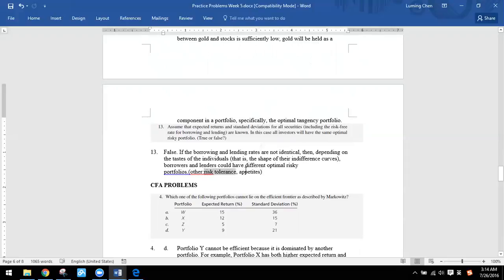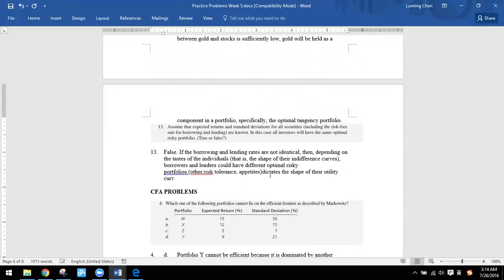So risk tolerance and risk appetites will dictate the shape of their utility curves, which will determine the optimal risky portfolio.